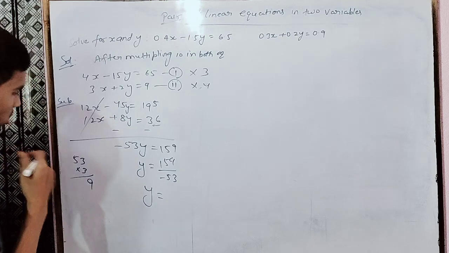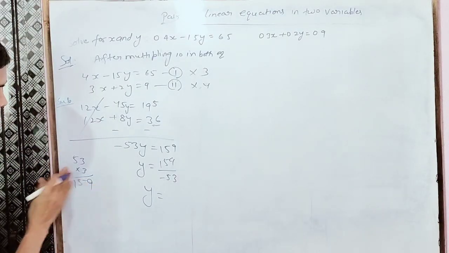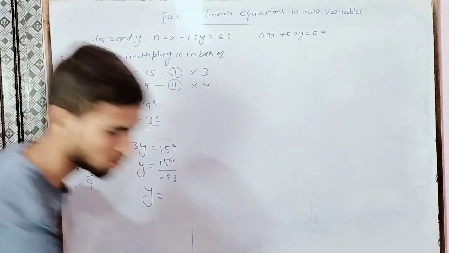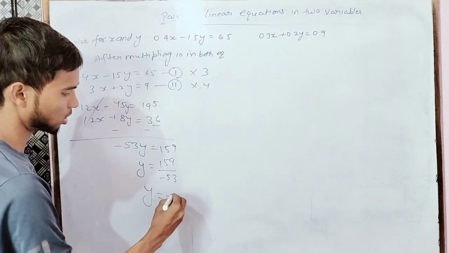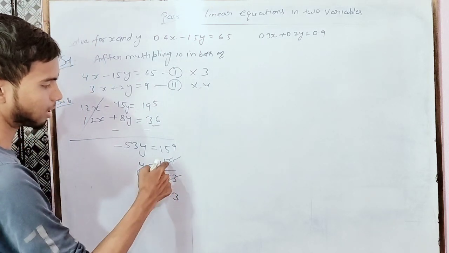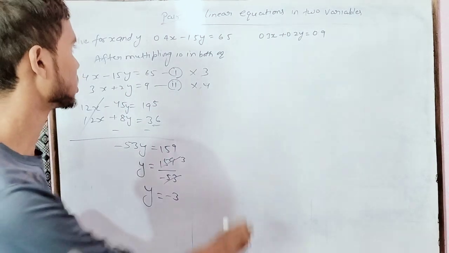So 3 5s are 15. So by 3, this will cut this by 3. So we got y as 3.